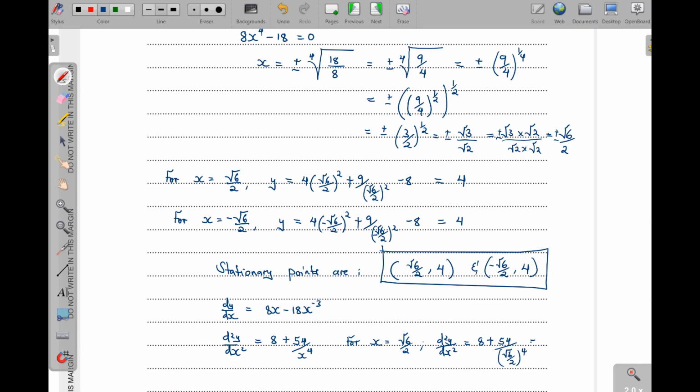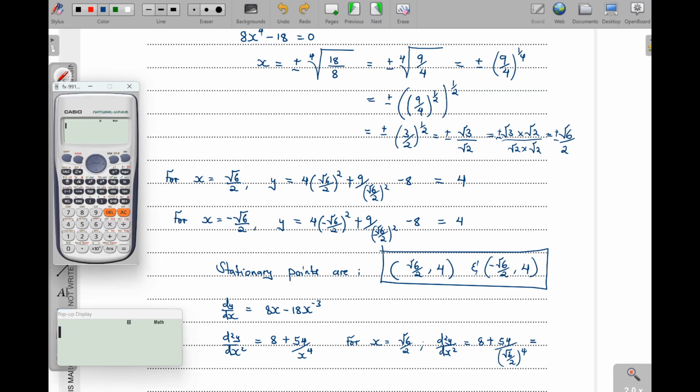Now, of course, this one will give us a positive. Even when it is a negative, this one will also come out as a positive. 8 plus 54 out of, then we have root of 6 out of 2, and then I power that with a 4. So we have 32.